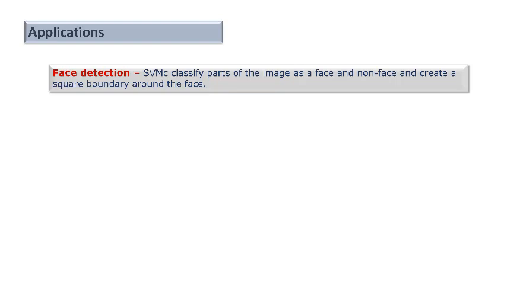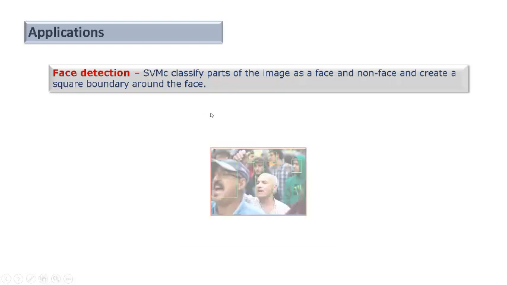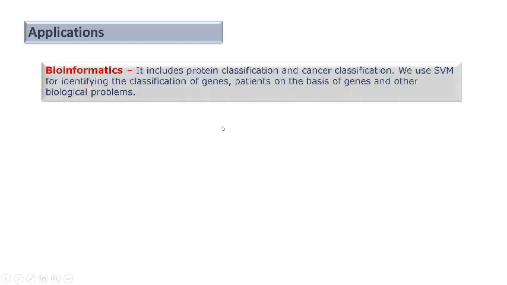The application is face detection. SVM classifies parts of the image as face and non-face to create a square boundary around the face like that. Okay, and in bioinformatics it includes protein classification and cancer classification. So we can use SVM for identifying the classification of genes, of patients on the basis of their genes, and other biological problems.